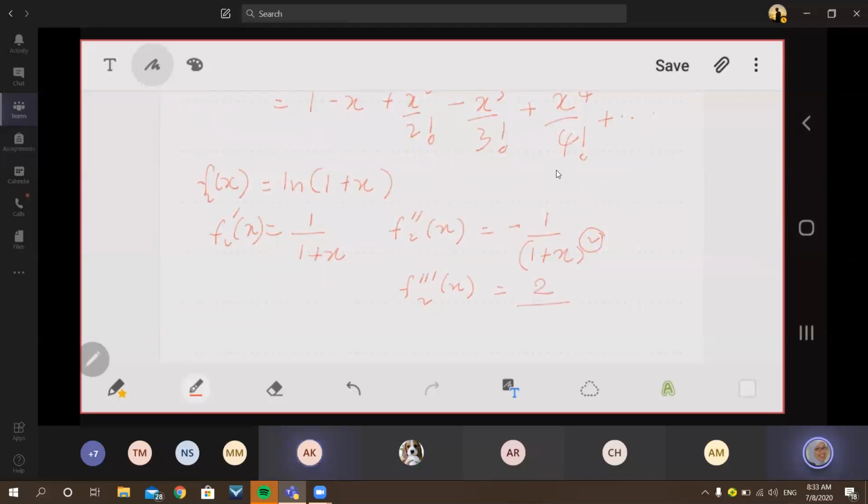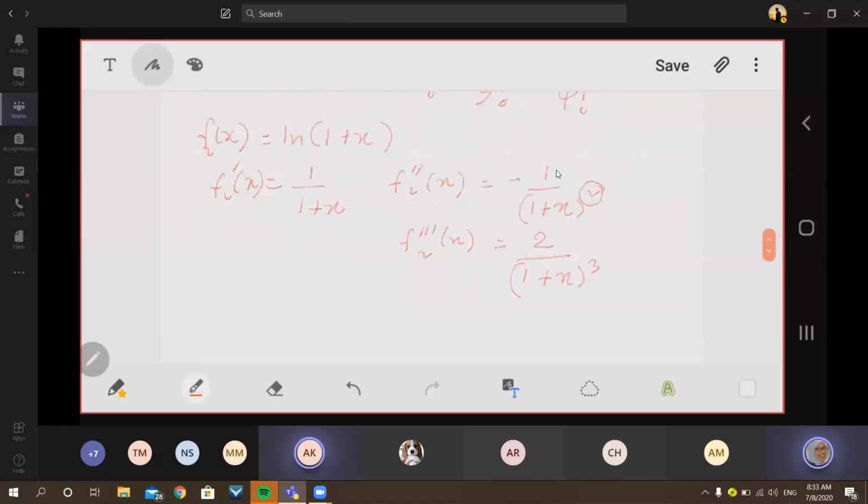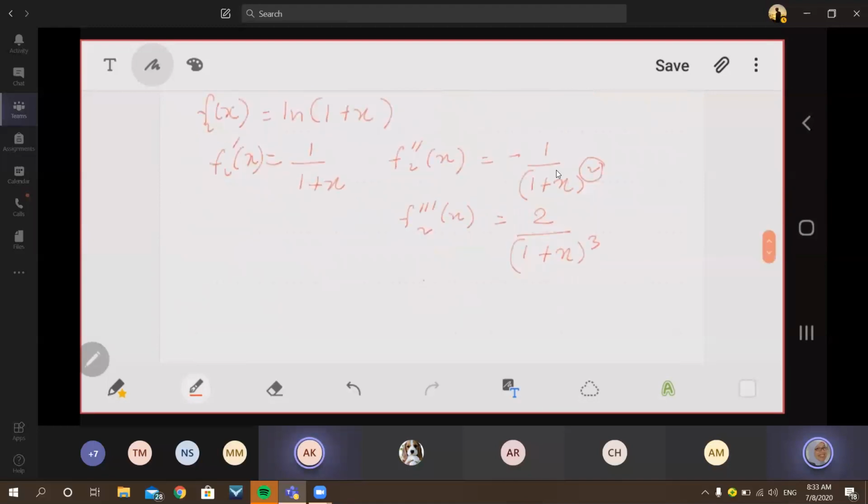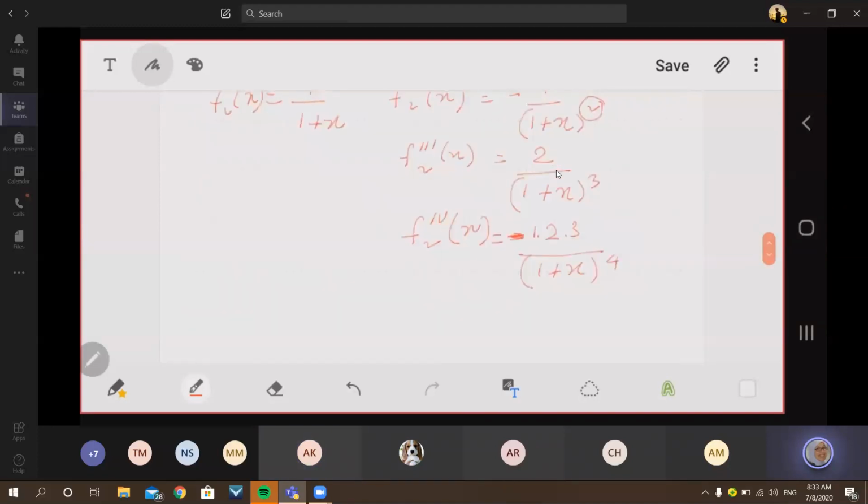Right, and so on. Then the next one is negative 6 over 1 plus x to the 4. But when you put 0, they are all 1 in the denominator.